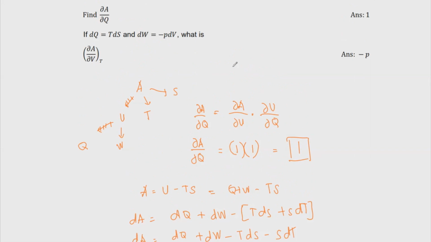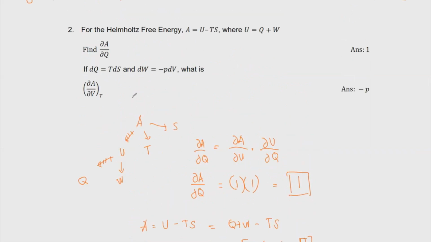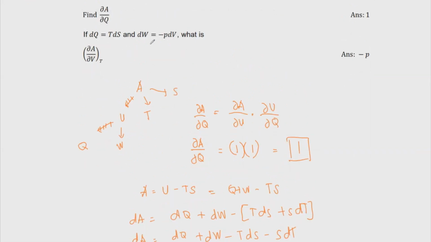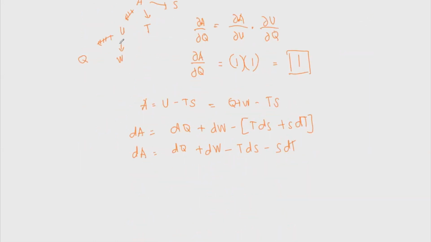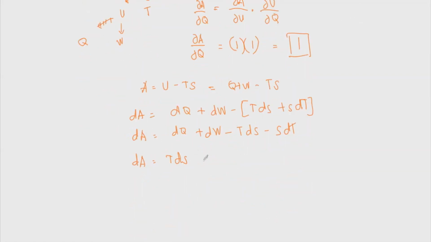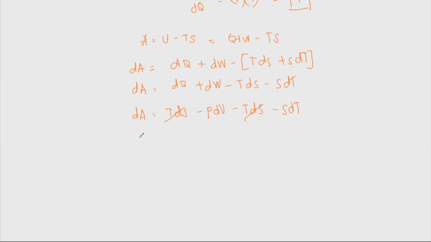And then it says here that dW is equal to negative PdV, dQ is equal to TdS. So with that, dA is equal to TdS, and then dW is negative PdV, minus TdS minus S dT. So with this, we can cancel out TdS, and now we're left with the general total differential of our Helmholtz energy: negative PdV minus S dT.